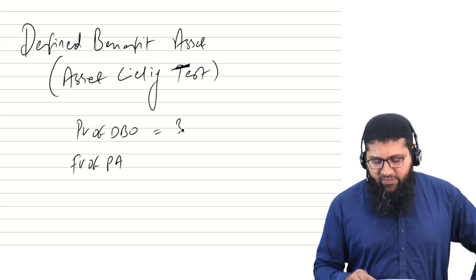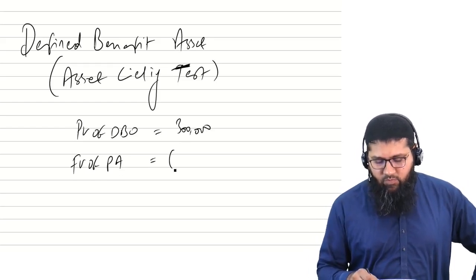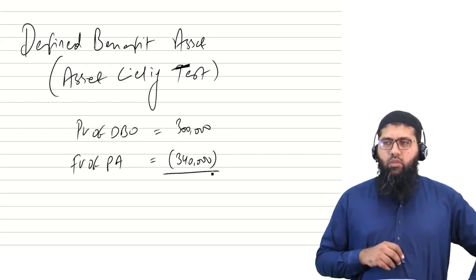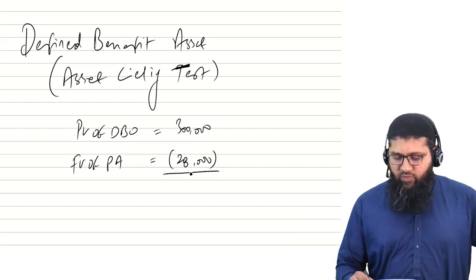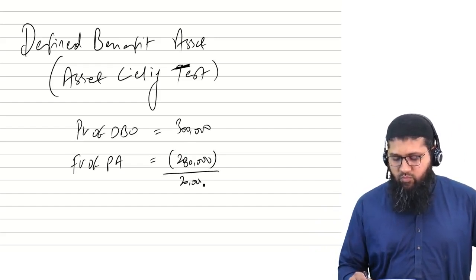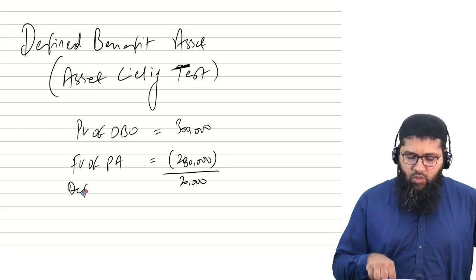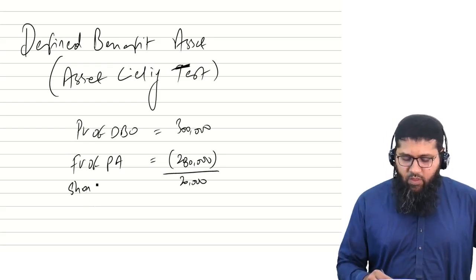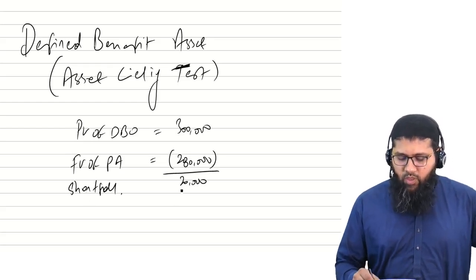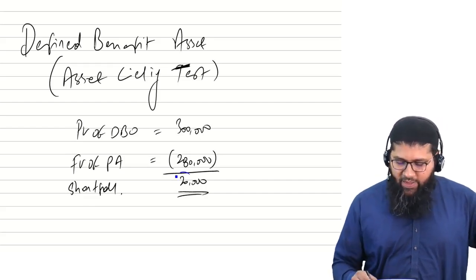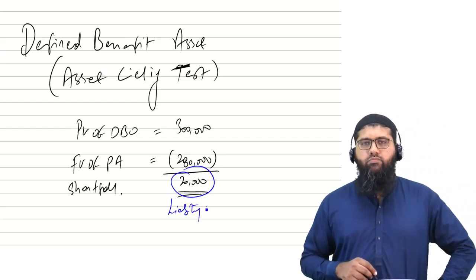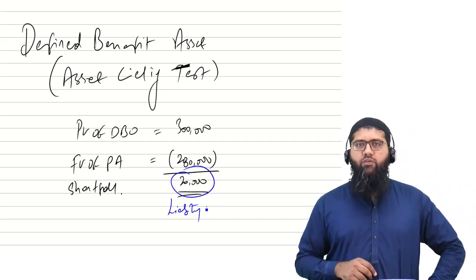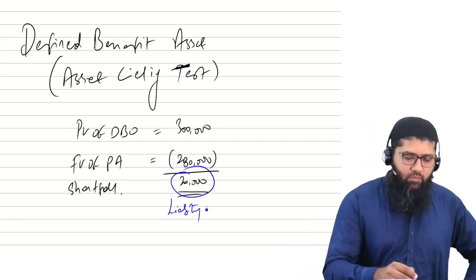So for example, this is 300,000. Majority of the times what happens is you have got this situation, which is basically a shortfall. And we call this shortfall to be a liability.